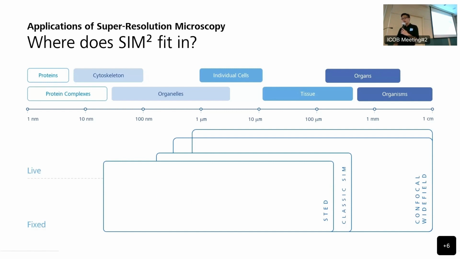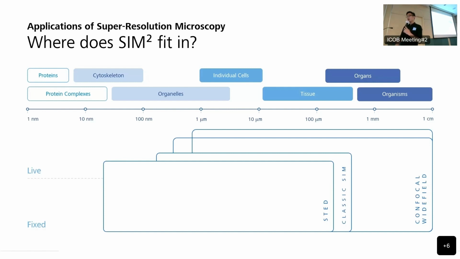So if we want higher, super resolution, but we also want to image both fixed cells, fixed samples, and also live samples, so we want to image all kinds of sample types, right?